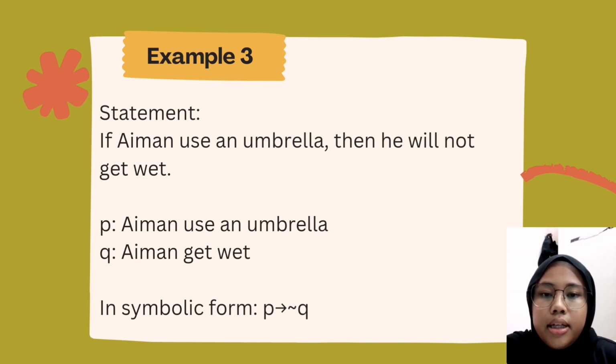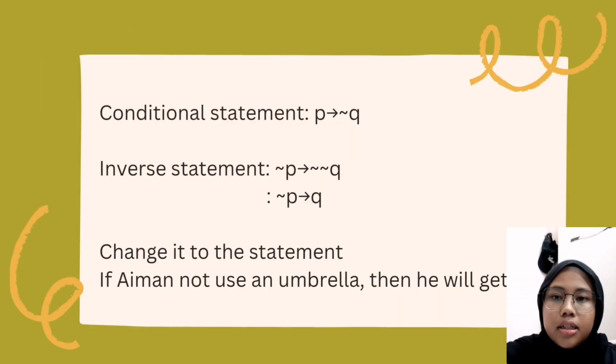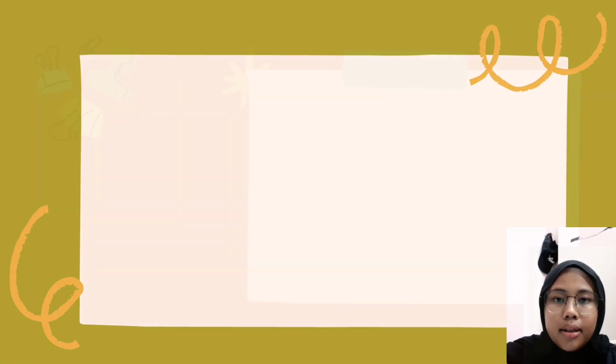In symbolic form, P implies negation Q. The conditional statement, P implies negation Q, we change to the inverse statement, which is negation P implies double negation Q. The double negation we change to Q only. So we get negation P implies Q. After that, we change it to a statement: if Aiman does not use an umbrella, then he will get wet.